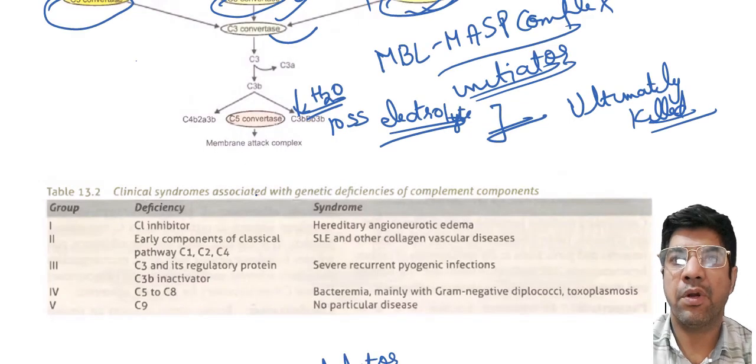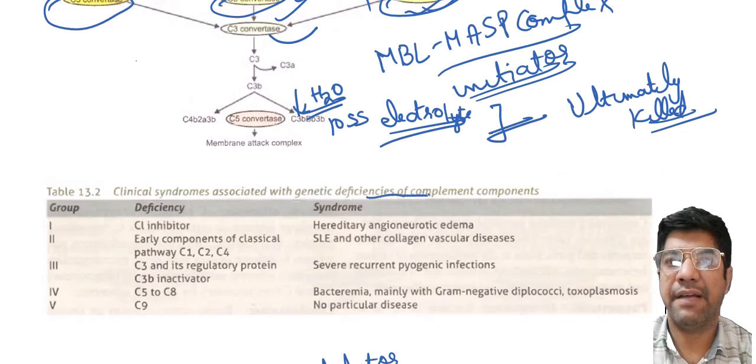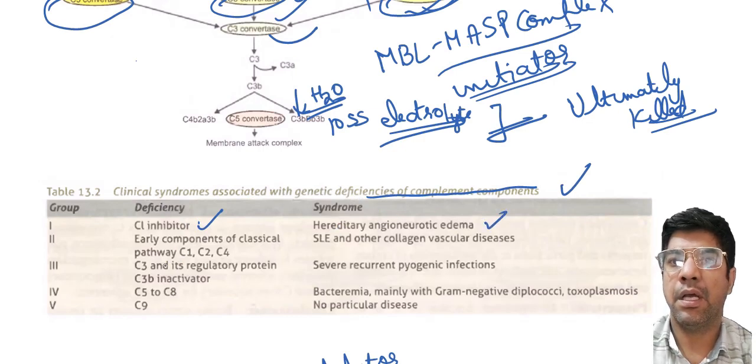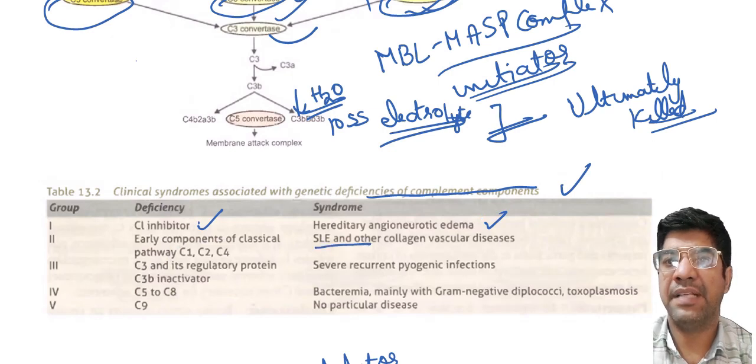Now, what are the syndromes that are associated with genetic deficiency of complement components? For the C1 inhibitor, the syndrome is hereditary angioneurotic edema. For early components of the classical pathway, the syndrome is SLE and other collagen vascular diseases.